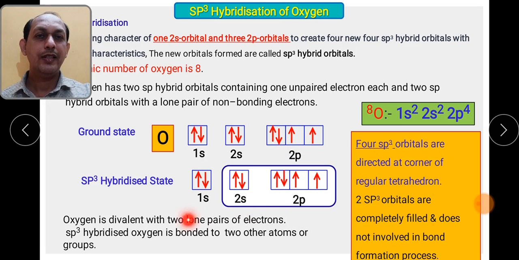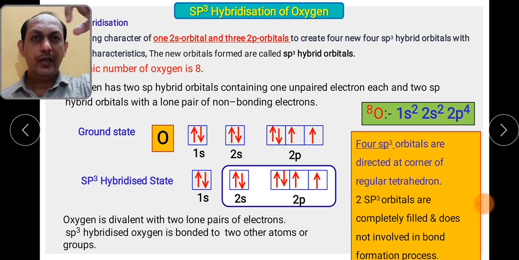So oxygen is divalent with 2 lone pairs of electrons. That's why 4 electrons are always shown on the oxygen: 2 pairs of dots are shown because of the presence of lone pairs of electrons on the oxygen.